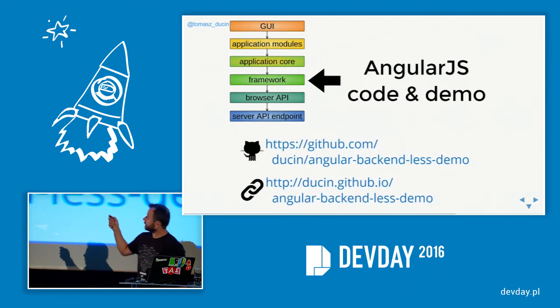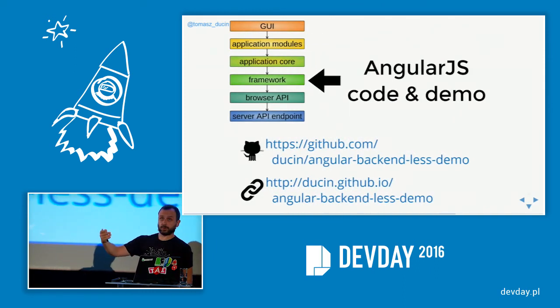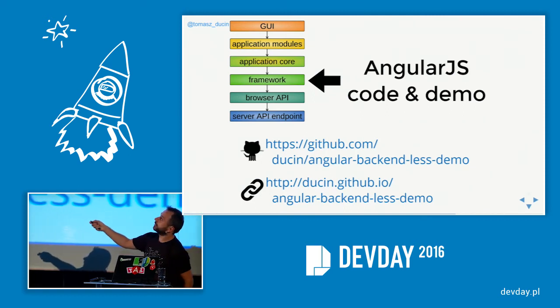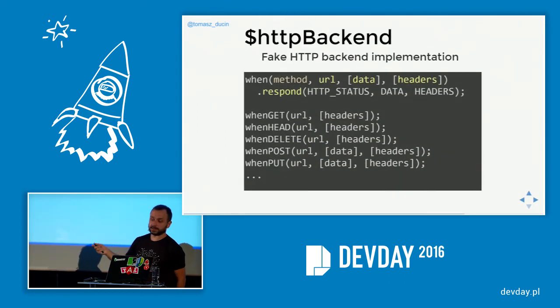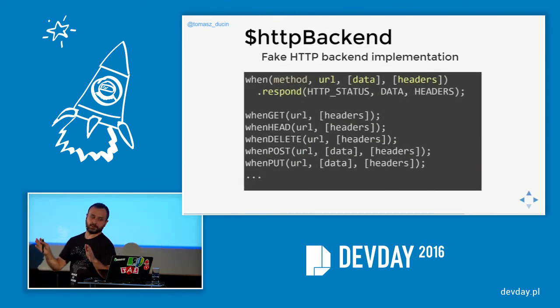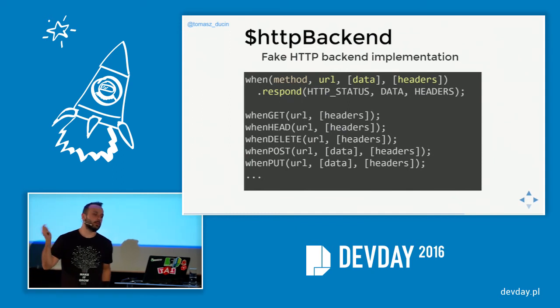Another solution we can use is if we mock on the framework level. So in Angular, we have something that is called HTTP backend service. So we don't alter the built-in JavaScript objects, but the logic is very similar. So basically, we have the when methods.